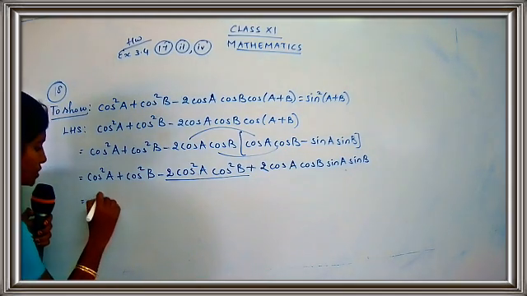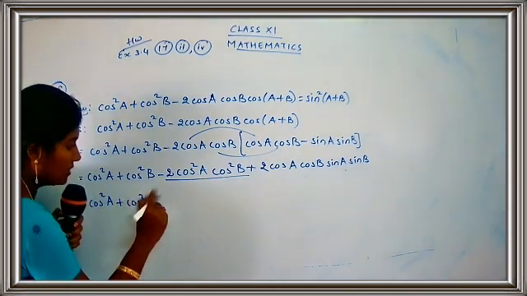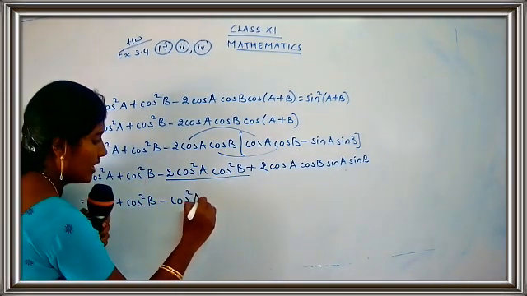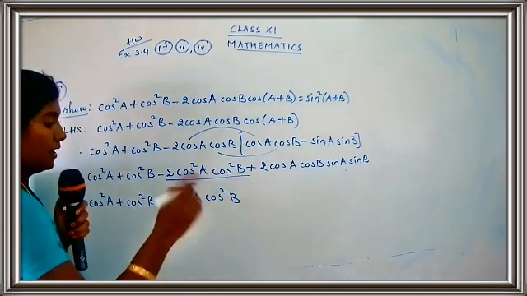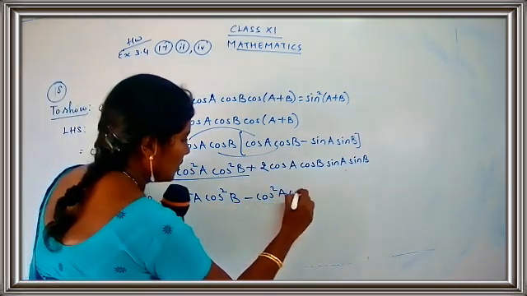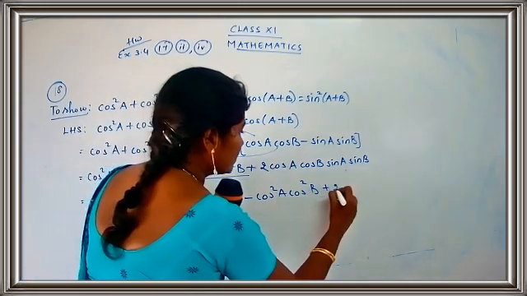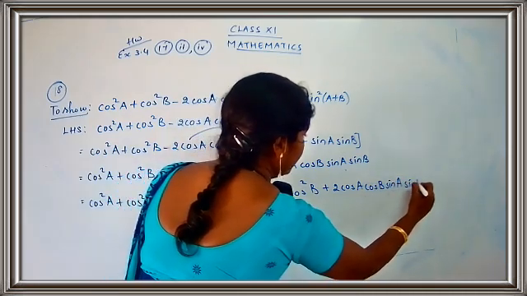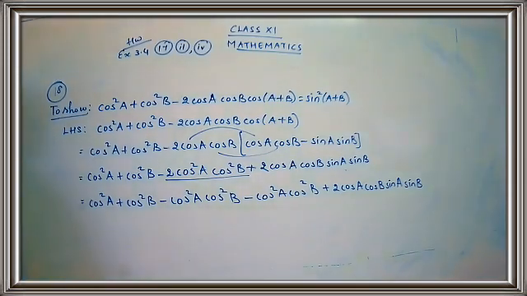So write down here, it's cos square A plus cos square B. Now this is minus 2 cos square A cos square B, so it will be split as minus cos square A cos square B, again minus cos square A cos square B, and you write down here plus 2 cos A cos B sin A sin B. Cos square A plus cos square B minus cos square A cos square B minus cos square A cos square B plus 2 cos A cos B sin A sin B.